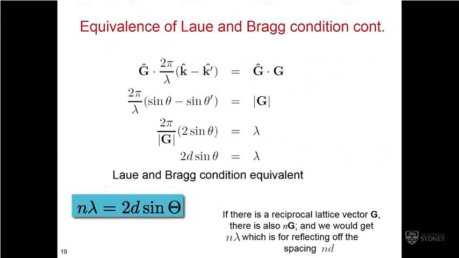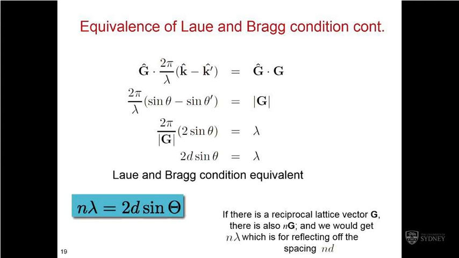Okay, this is what we had before. And from the symmetry and the angles defined in that previous picture, we can get this expression involving the sine. So that's how the sine gets involved, from that picture we had before, and working out G dot with k. And basically you can see that it leads you to the Bragg condition.